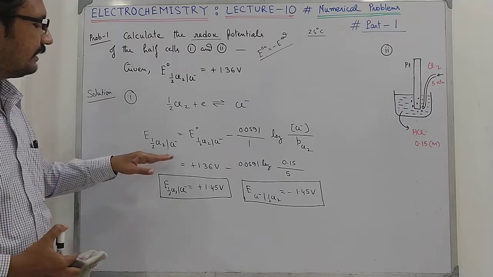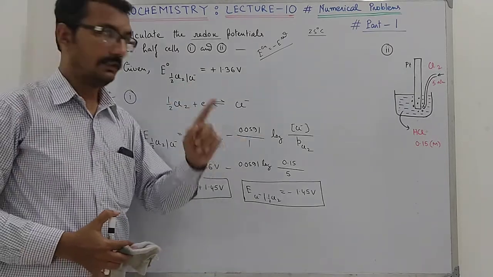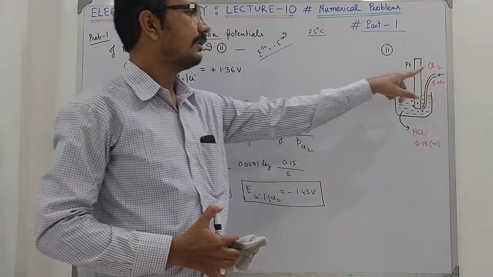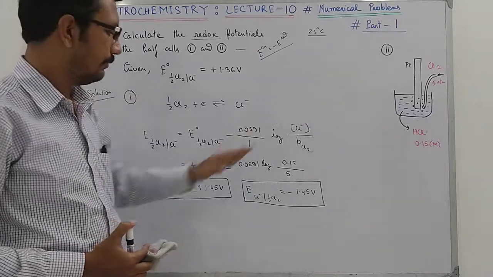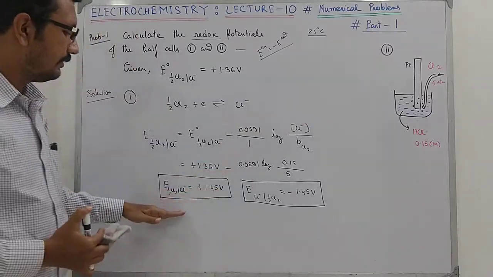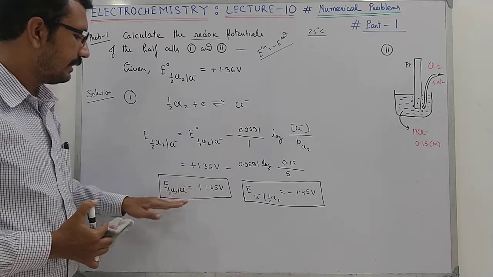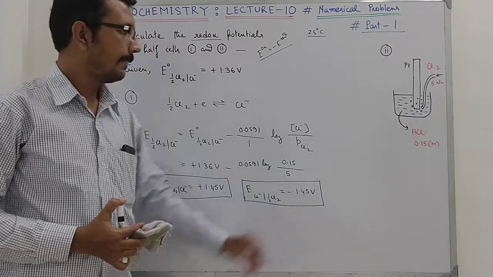So it will show a tendency to get reduced, and this must be since Cl2 is electronegative and it has a tendency to catch electron rather than releasing it. So tendency of reduction is greater, so it will have a positive reduction potential. So its oxidation potential will be negative obviously.